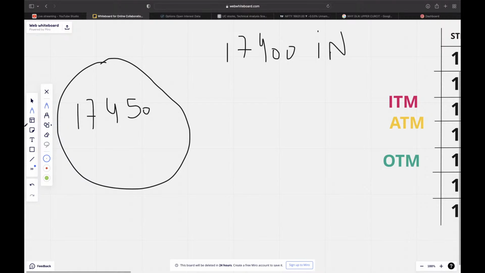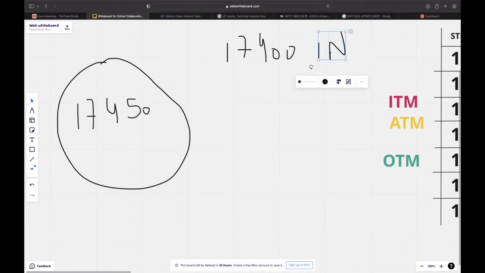If 17,450 is the bubble, where will I place 17,400?